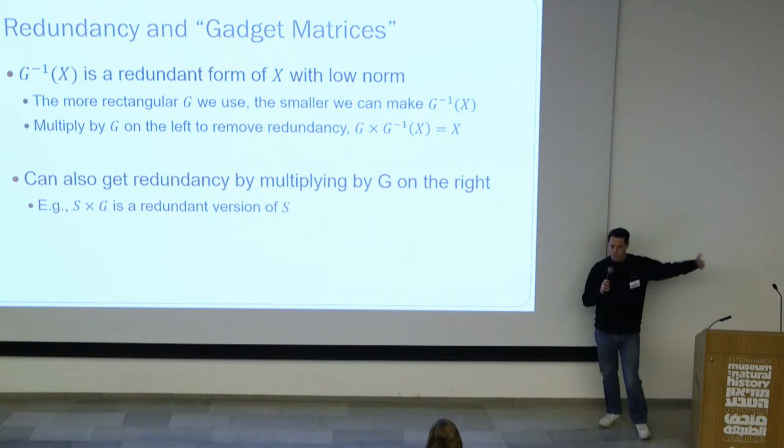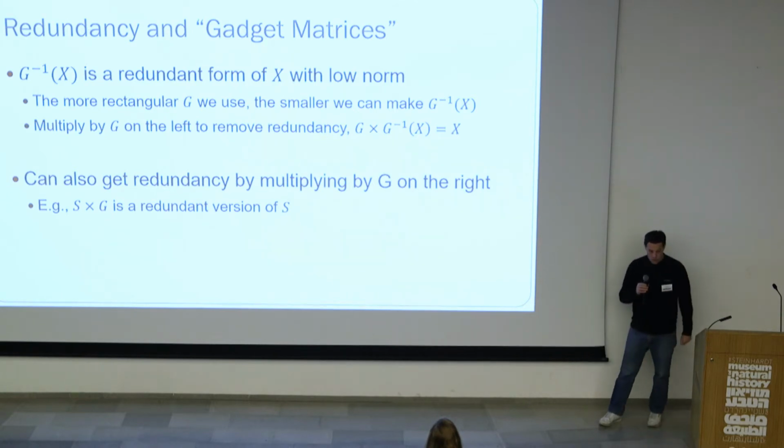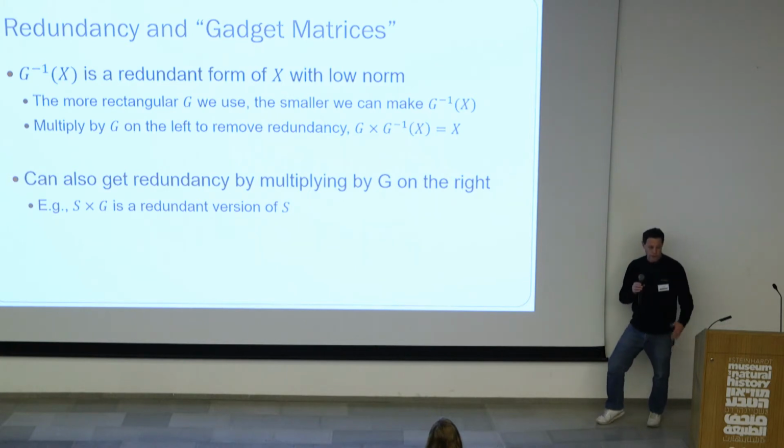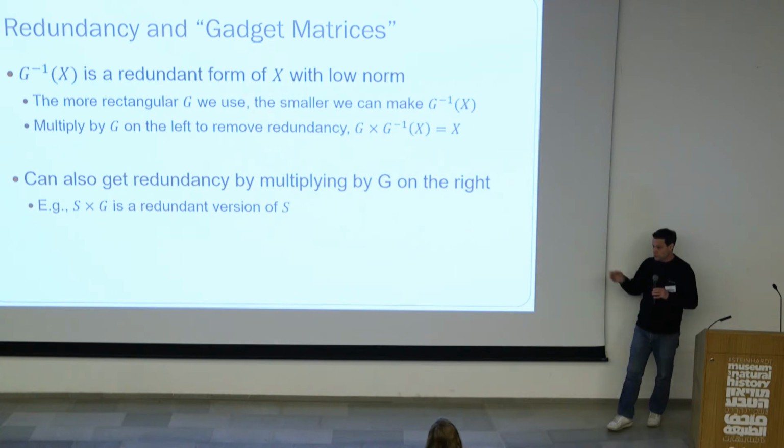So it's very, very wide. And you can make the entries being 0 and 1. If you want to squeeze G and use something that's only slightly rectangular, then the entries in G inverse of X will be bigger. You remove the redundancy by multiplying it by G on the left. So G times G inverse of anything is anything.